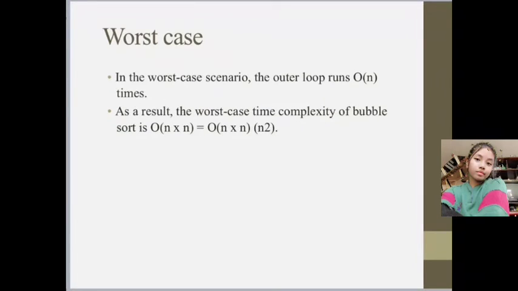So, worst case. In the worst case scenario, the outer loop runs O(n) times, even if the collection of elements is already sorted within this loop. As a result, the worst case time complexity of bubble sort is O(n times n), or O(n squared).